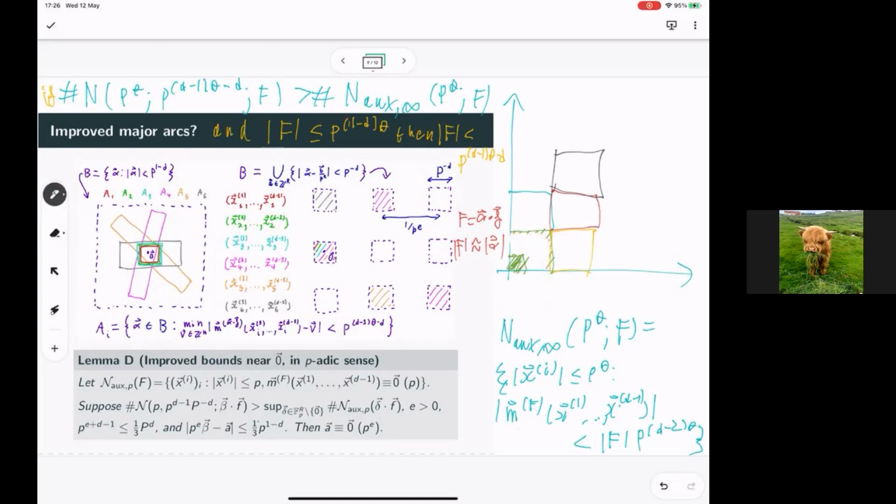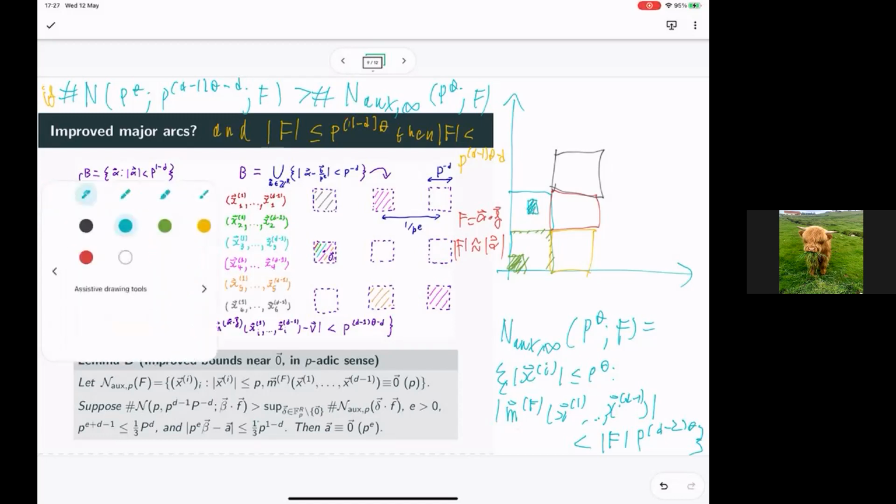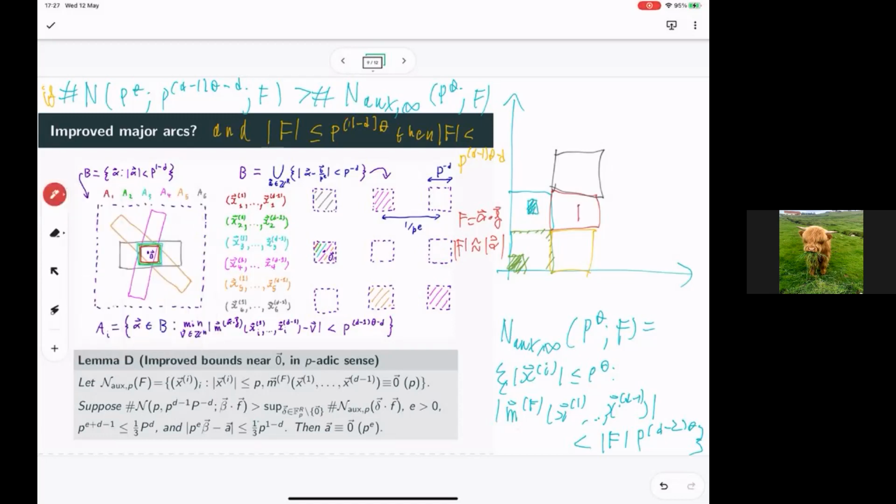And then inside each small box, one can have only one even tinier box such that the exponential sum is large in there. So the region where the exponential sum is large has to look like this.